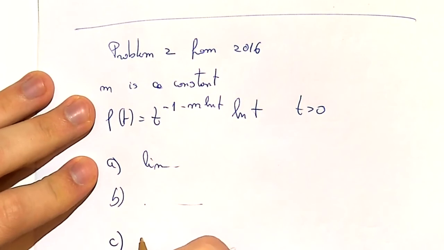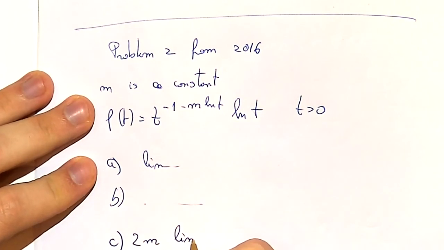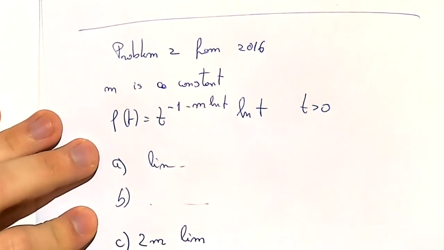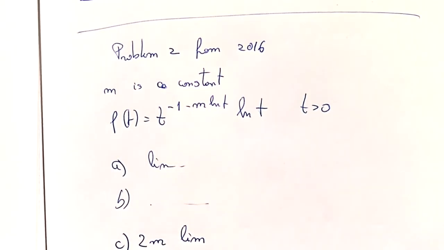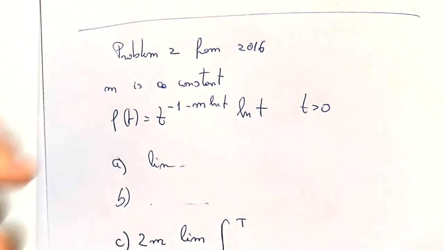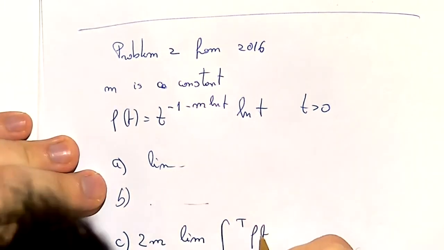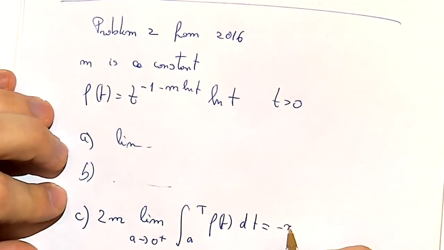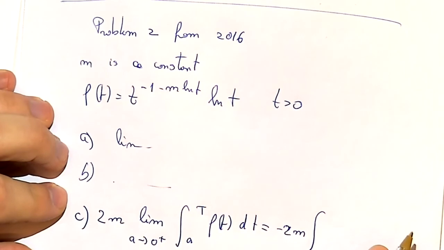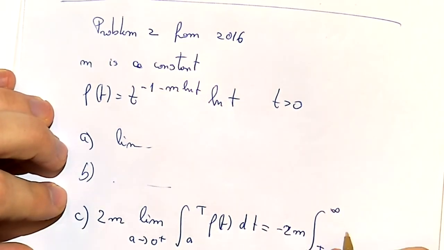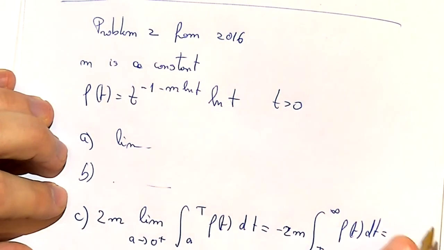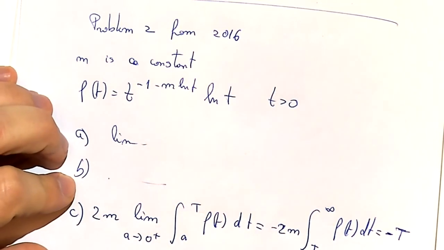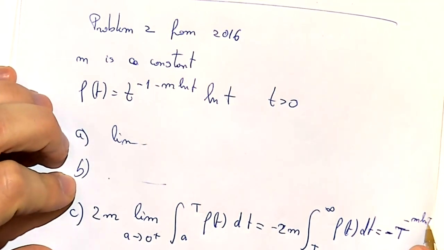They ask you to show that 2m times the limit of a equals 0 with a plus, integral of a to t of f of t dt, is equal to minus 2m integral of t to infinity of f of t, again some horrible thing which you don't really need to solve in order to solve point C, which is what we are trying to learn right now, minus m log of t.